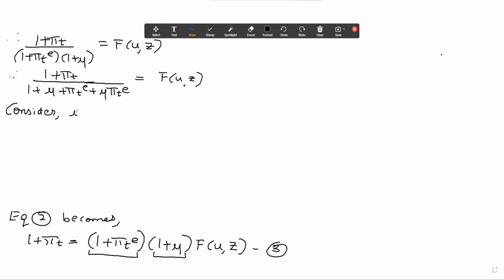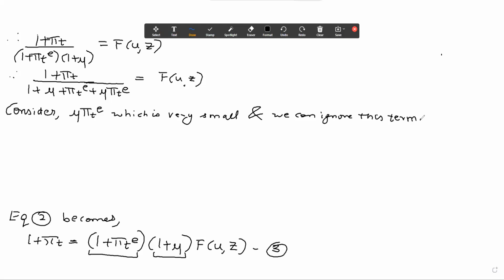So consider mu times pi te, which is very small, and we can ignore this term. Why? Because mu is also in percentage, pi te is also in percentage. If you multiply two percentages, you get a very small term.